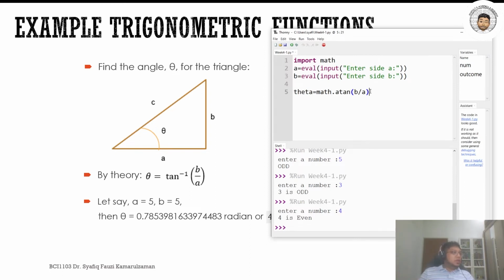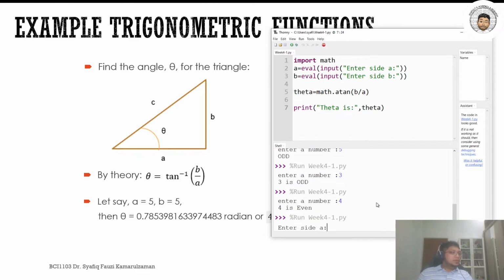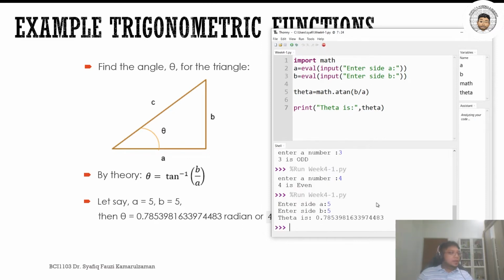So here you have print, theta is. Let's check later on whether I did it correctly or not. Theta. Okay, let's run it. Enter side A is 5, side B is 5, and you got 0.7853981.